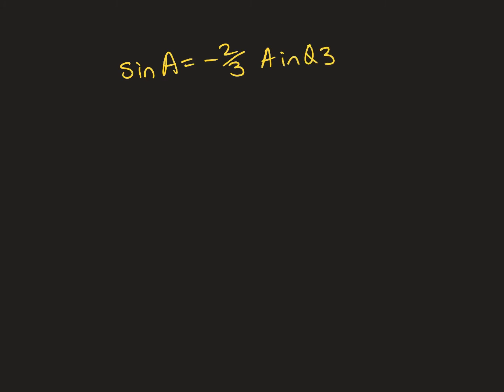And then I tell you that cosine of B equals 4/5, and B is in quadrant 4.